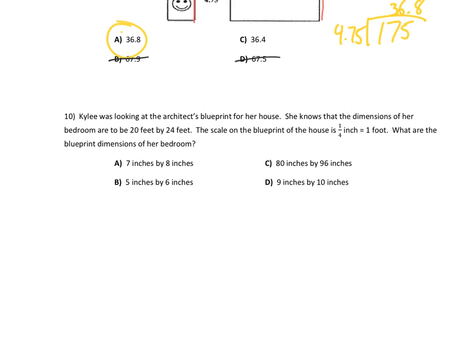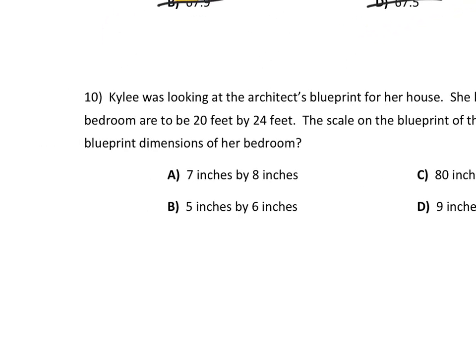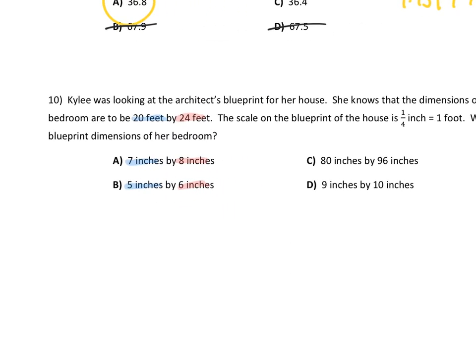Things I want to point out real quick before we even bother doing this, because you guys have done one similar to this before. If I solve for the shorter length of her bedroom, and that's the longer length, well, it's going to be like solving for either the 7 inches or the 8 inches here. Same thing here. Blue, red. Same thing on all of these. Blue, red.